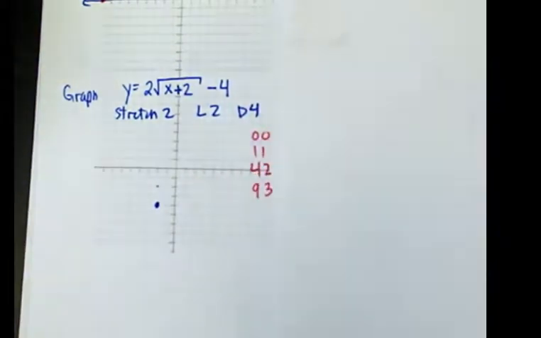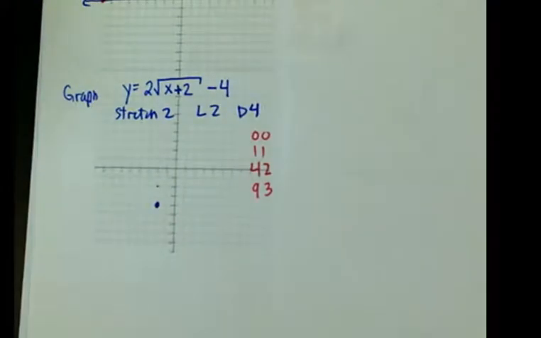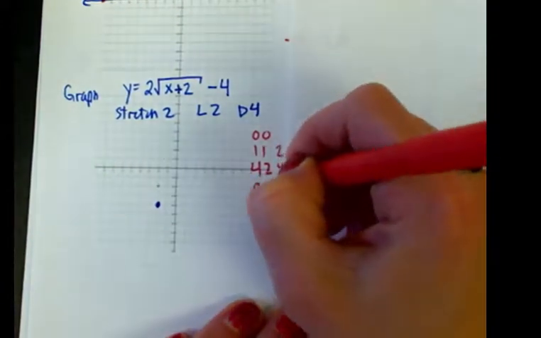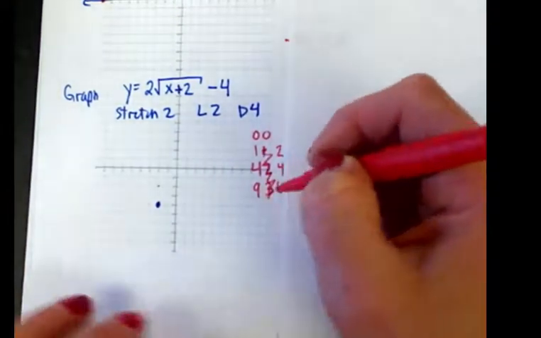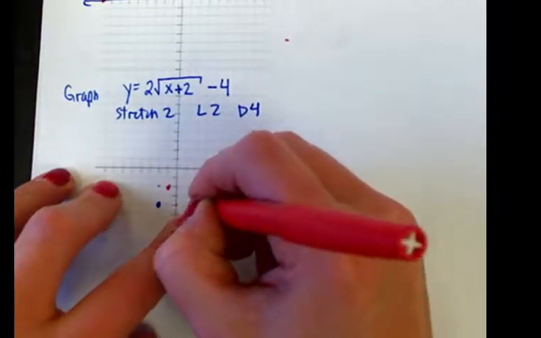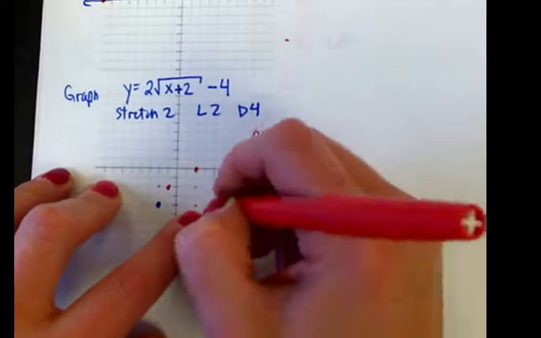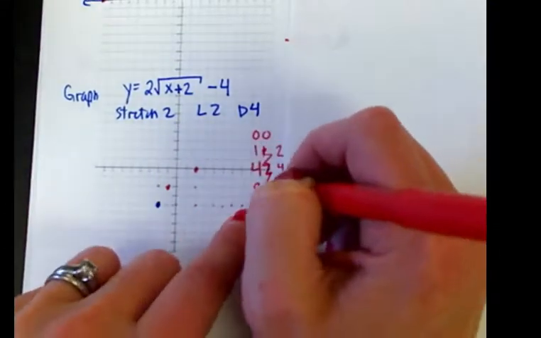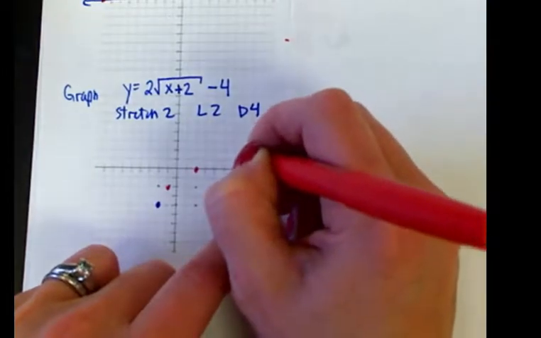Square roots, guys, you got to shift back to square roots. No negatives in the square root graph. Okay, times 2. So 2, 4, 6.